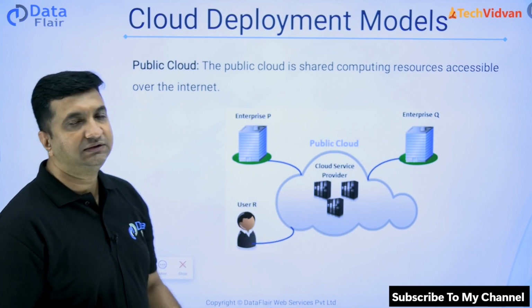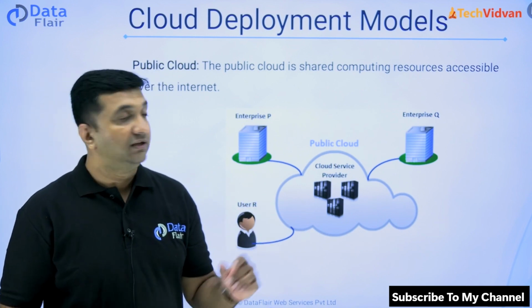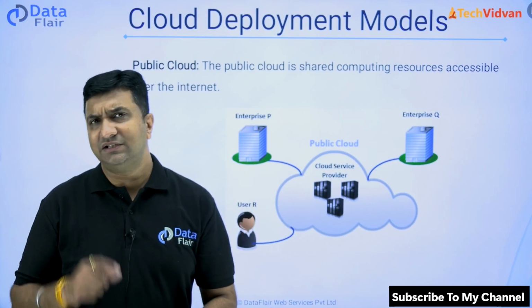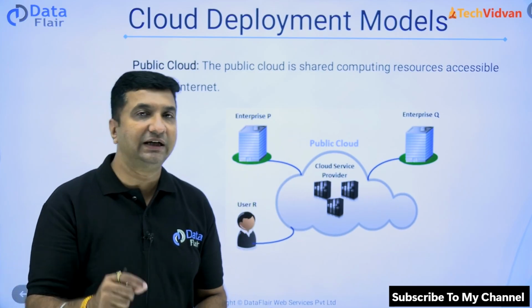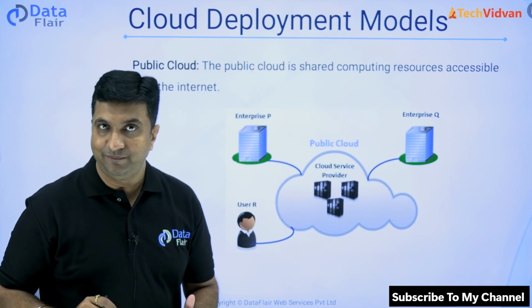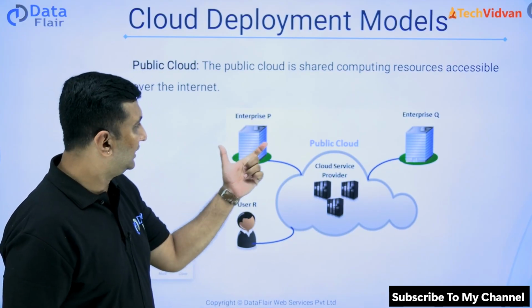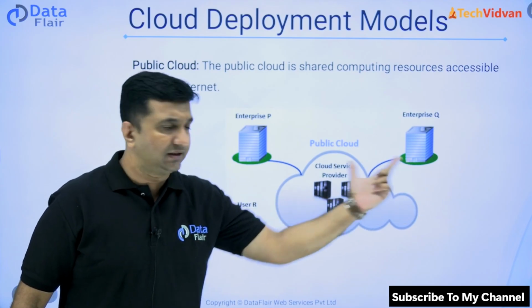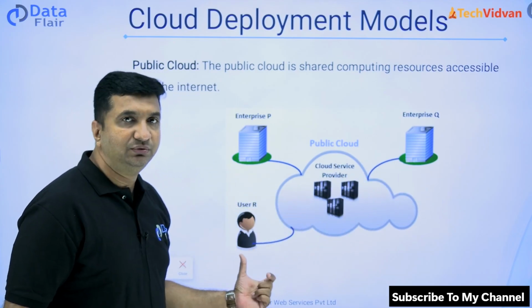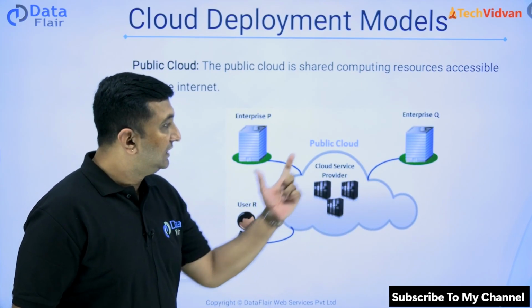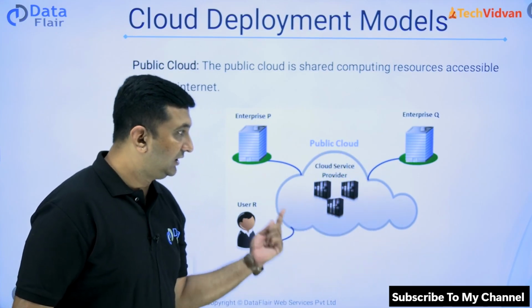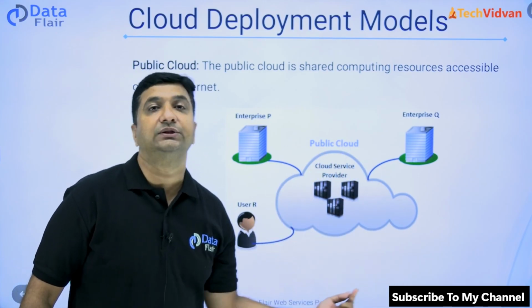Let's talk about the first deployment model, that is public cloud. As the name suggests, it is a publicly accessible cloud. That means whichever organizations, like organization P, enterprise Q, or individual user R, are accessing the same infrastructure provided by the service provider.